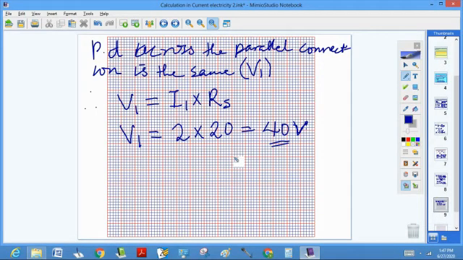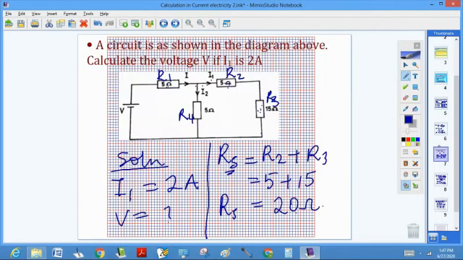So now using this 40 volts, we go into finding I2. I2 will be equal to V1 over R4, which is equal to 40 divided by 5. R4 is equal to 5.